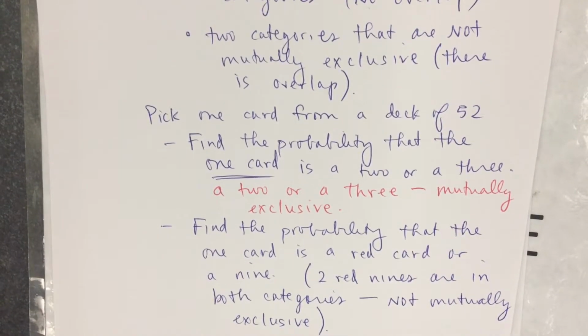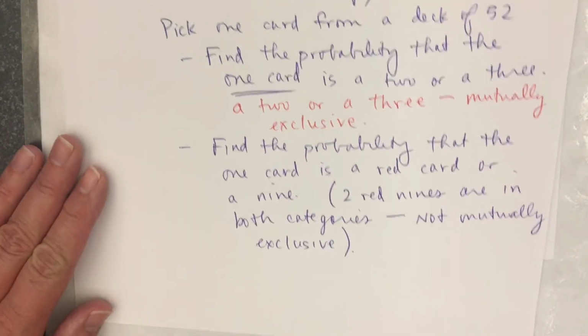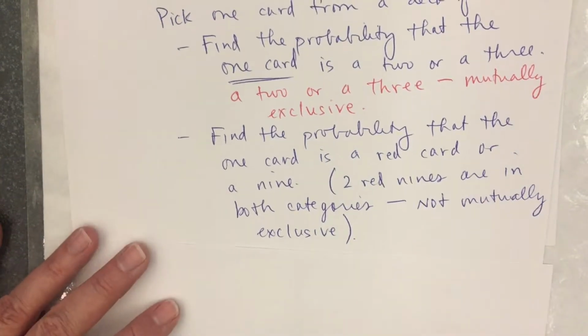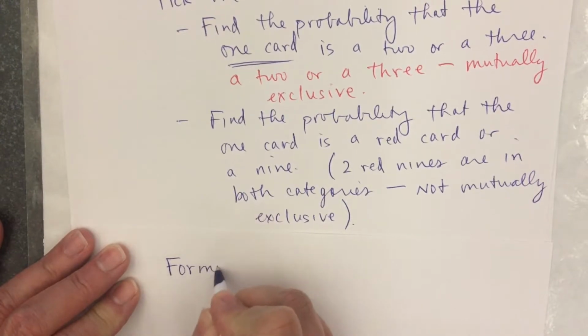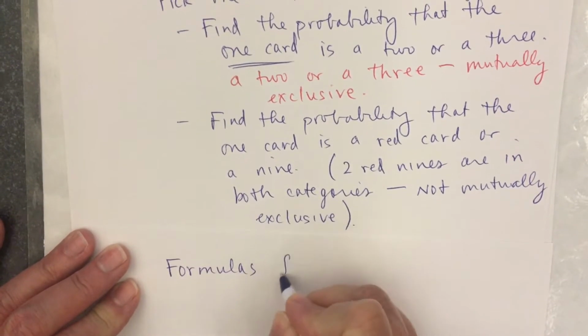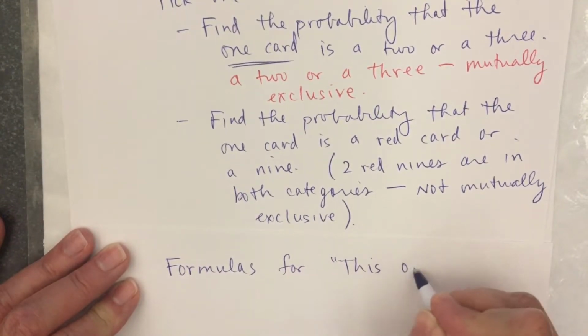So there's a formula for each one. I'm going to write them up here. We'll look at a few more problems. There's a formula for each one. If 2 events, I'll write this up. Formulas for this or that.